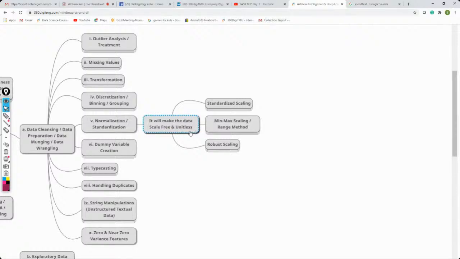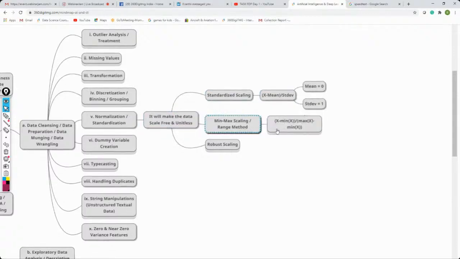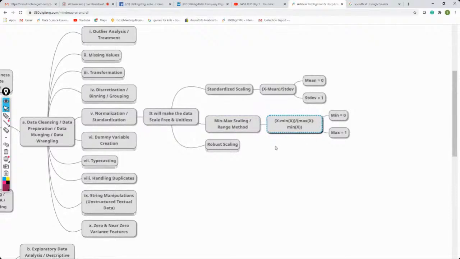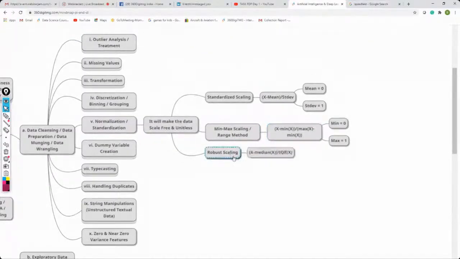What do you mean by standardization? And what do you mean by normalization? And there is also something called robust scaling. But we will discuss these two: standardization and normalization, which is also called min max scaler or range method.